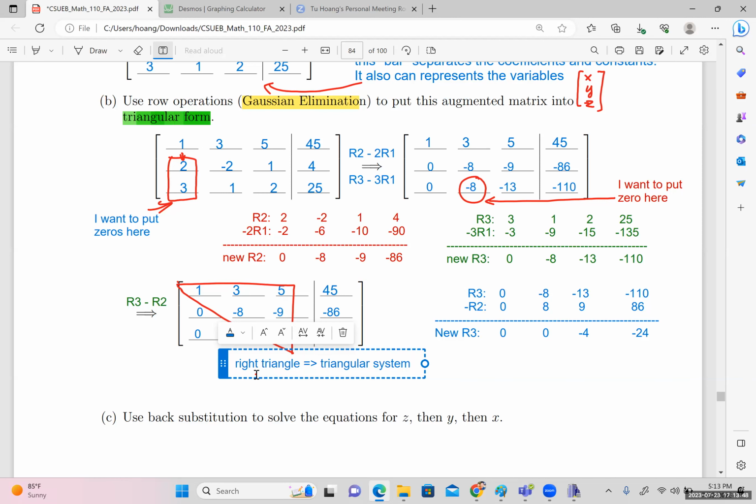And this form we call REF, row echelon form, denoted by REF.